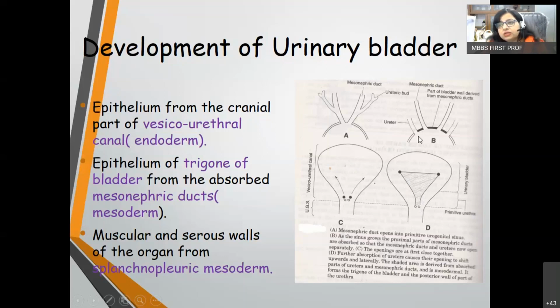This is similar to when we talked about the left atrium development. The smooth part of the left atrium is formed by the absorption of horns. What horns?